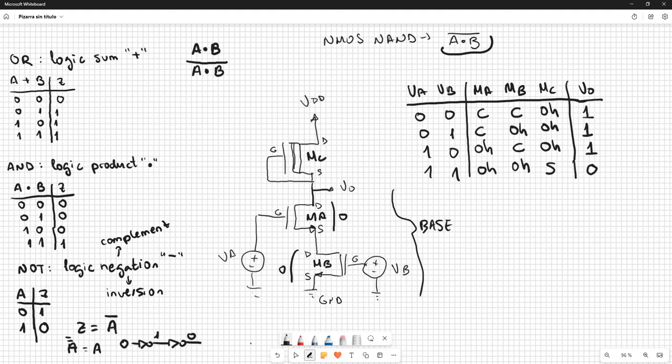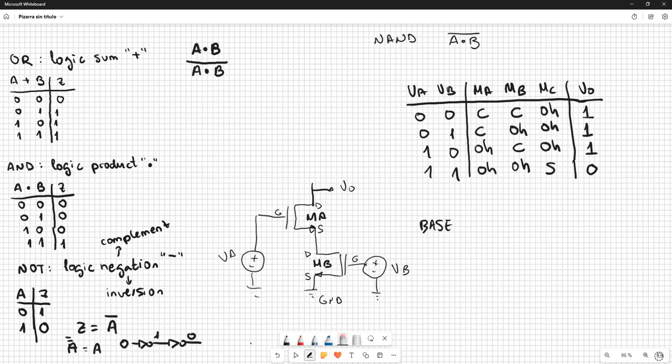So we are going to build now a NAND gate, but using a CMOS technology. I told you that in the NMOS and the CMOS technology, the base is exactly the same.